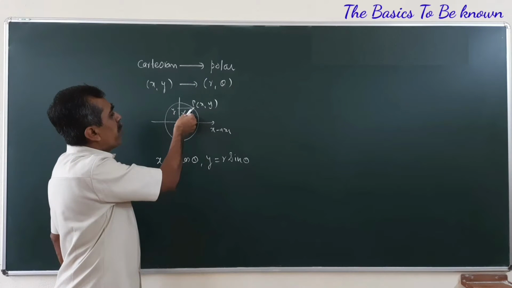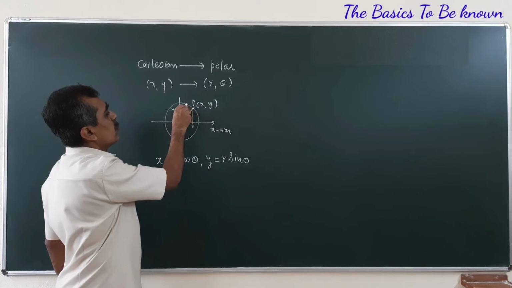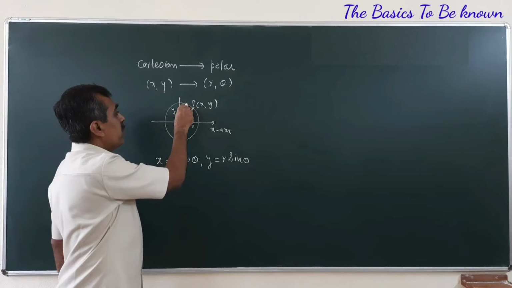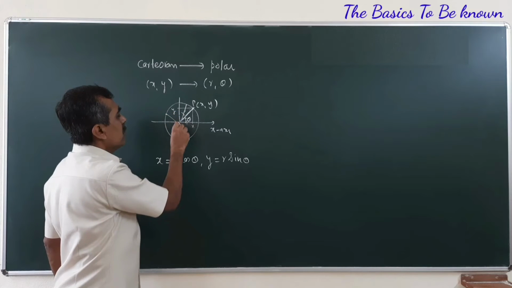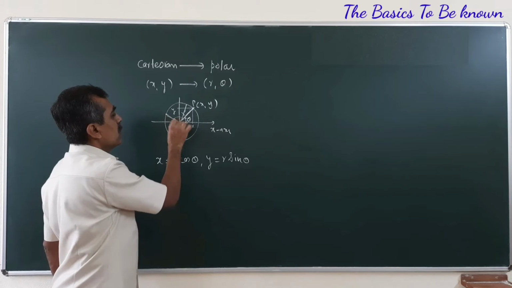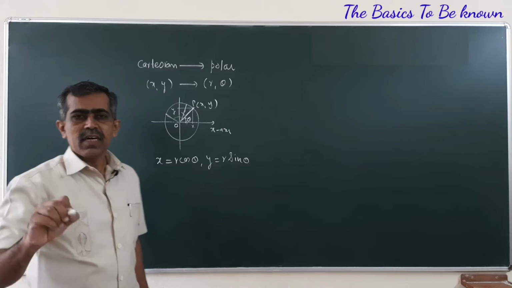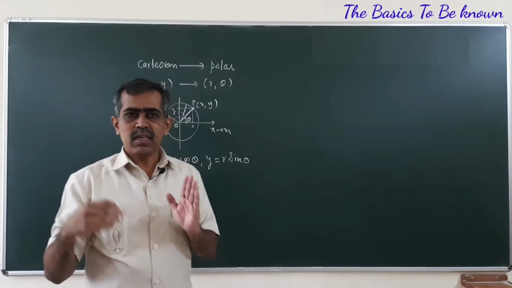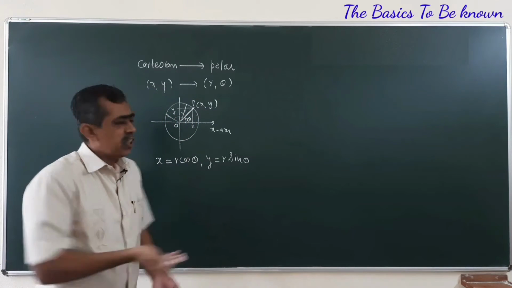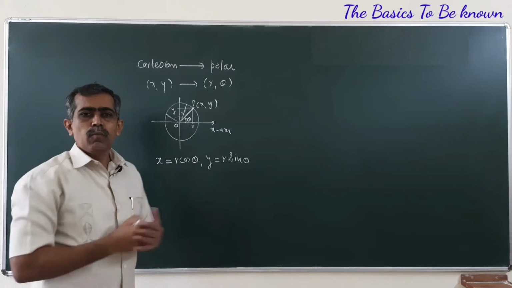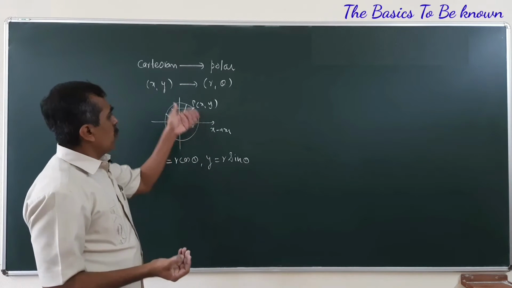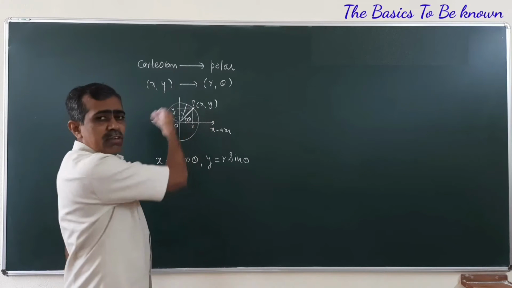If I move the point P from this place to this place, only its angle will keep changing. So theta is important here. As theta varies, the position of point P keeps changing. What are the limits then if P moves throughout the circle?